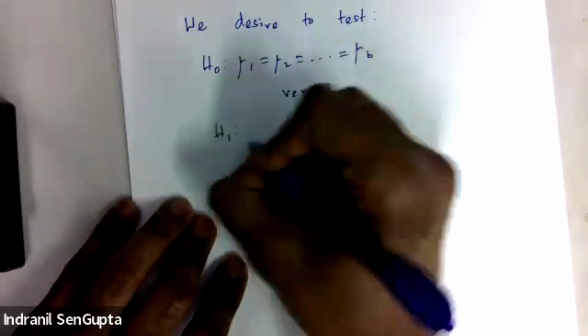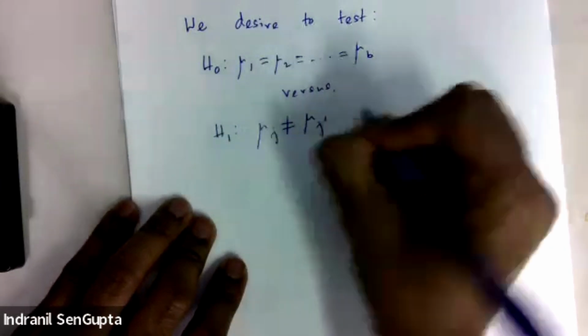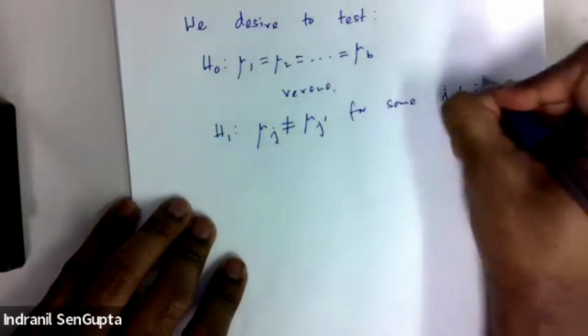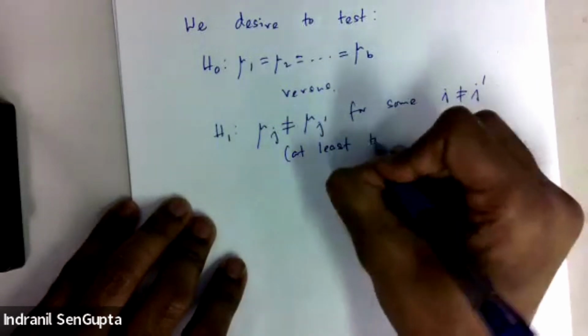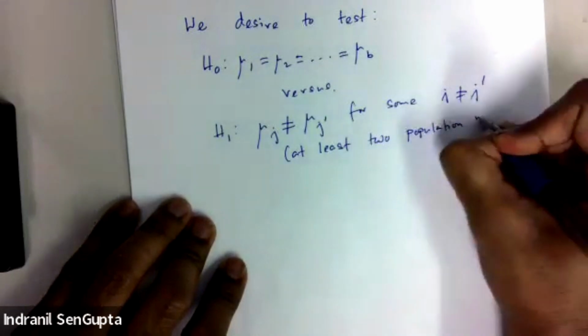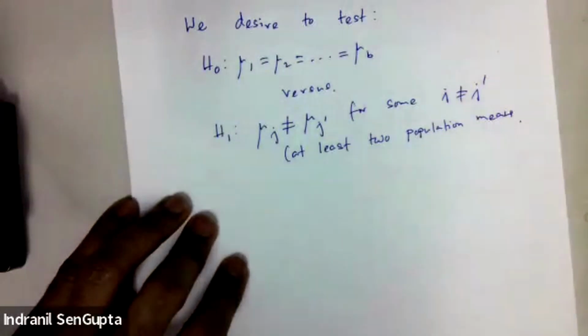Okay, so another way to write this is mu j is not equal to mu j prime for some j not equal to j prime. So that means at least two population means corresponding to two different classes.